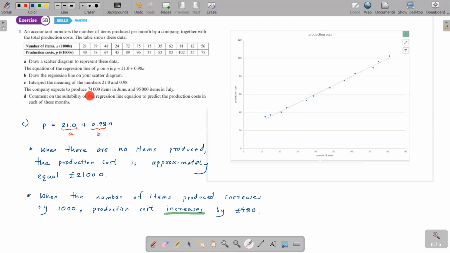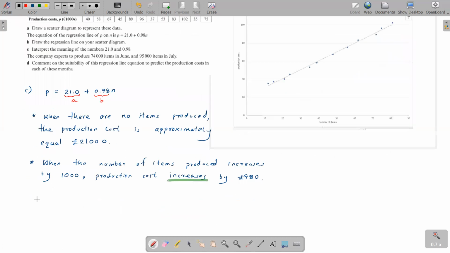So they are saying now they are going to do that. They are producing 74,000 items. Guys, 74,000 items means, according to the table input, in part B, the table value n is 74. And the other is 95,000, so the table input value n is 95. Now, you have the regression equation here.